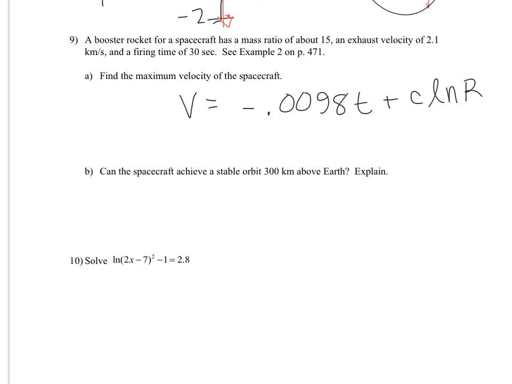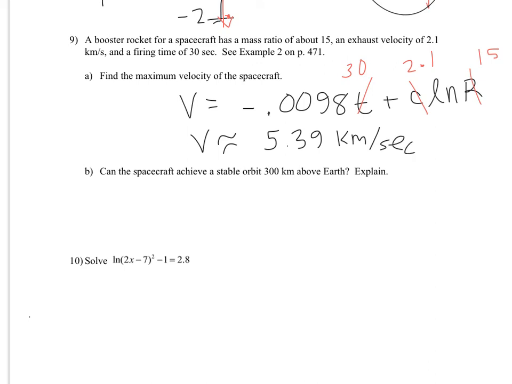Now you're going to plug in c, which is the exhaust velocity, 2.1, and r, which is the mass ratio, 15. And the time is 30 seconds. So you're just going to evaluate that. That is about 5.39, and your units are kilometers per second.